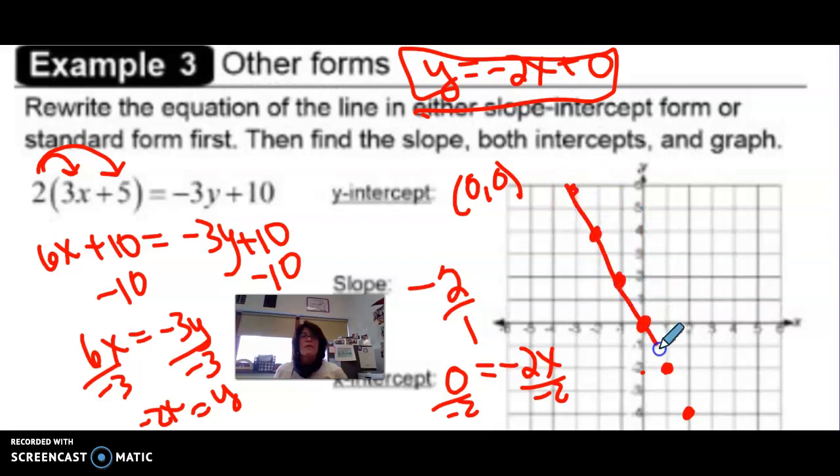Okay, and then I can graph that. The x and y intercepts were the same, weren't they? They were both 0. Okay, and my slope was negative 2, my y-intercept was 0, my x-intercept was 0. And I used my slope to go down 2 and to the right 1 to find my other points. Okay?